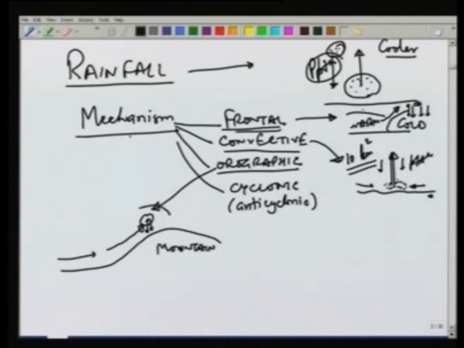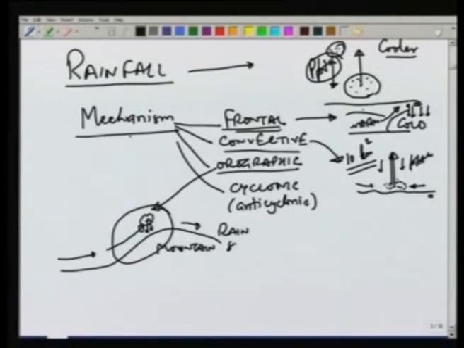Typically, precipitation is more on the side which is facing the wind, and on the other side precipitation will be small because the water vapor has already been taken out of this air. So, we have what is known as a rain shadow, that in this portion rain would be very small compared to on this side.